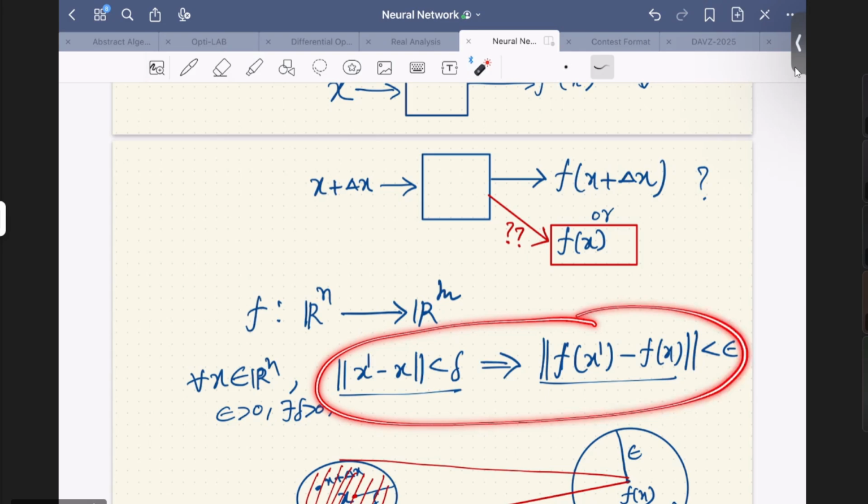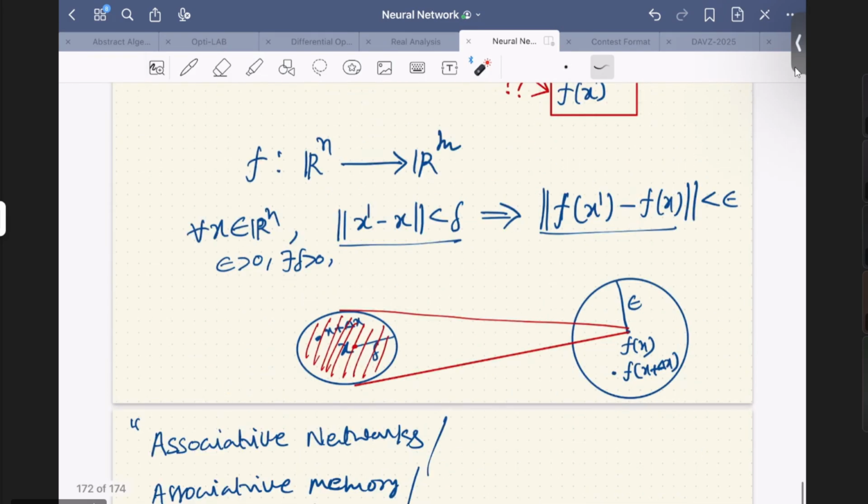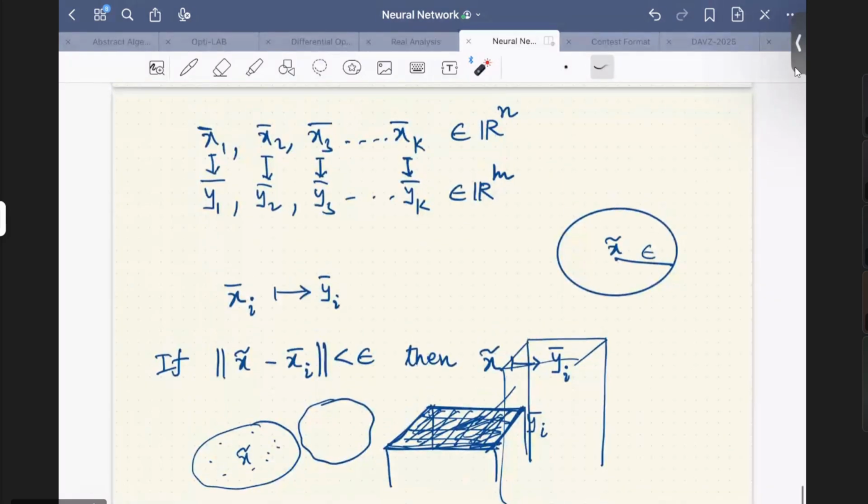If you violate this, it definitely violates continuity, so the continuity definition doesn't have any role here now. We are making a discontinuous form of neural network, which is an advantage we are seeking, so that we can pair our inputs with the proper outputs.